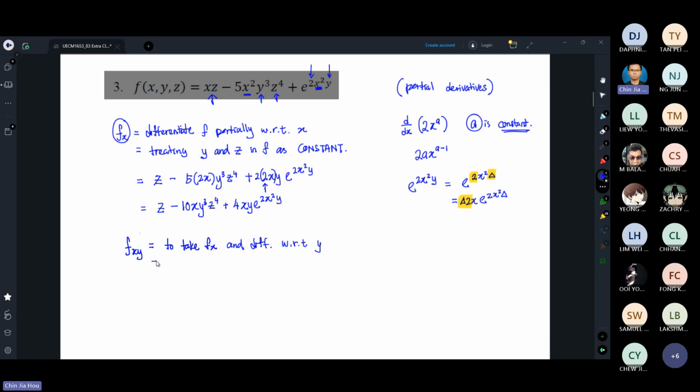Now we are going to treat x and z in fx as constants.